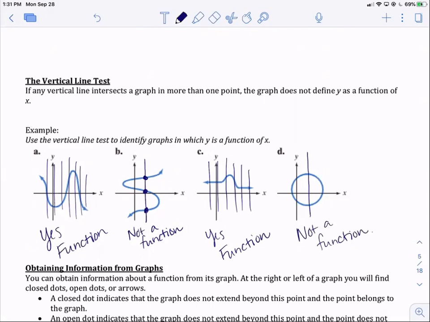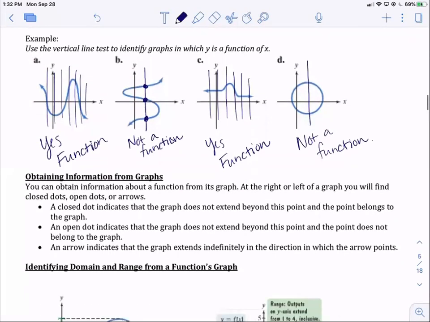Circles are going to be our very last section of the semester. Nope, they're fun. Okay, so more than once, not a function. Once is a function.